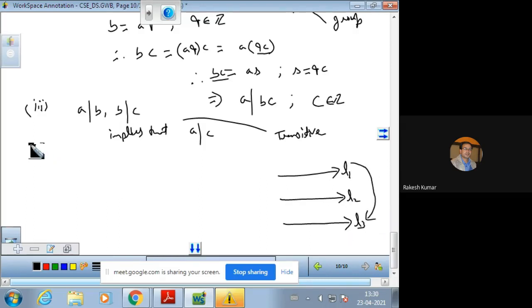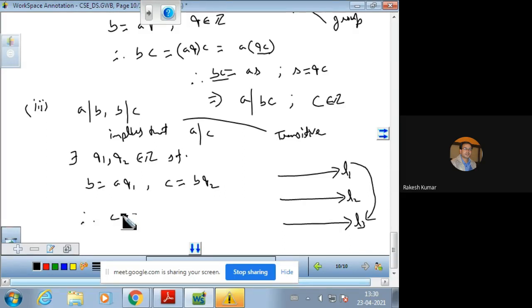This is a transitive property. So let us prove this. If A divides B and B divides C, then there exist integers Q1 and Q2 such that B can be written as AQ1 and C can be written as BQ2, new integers.